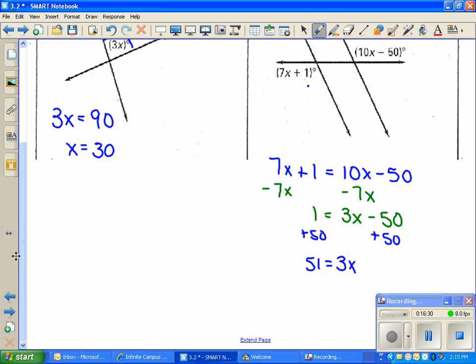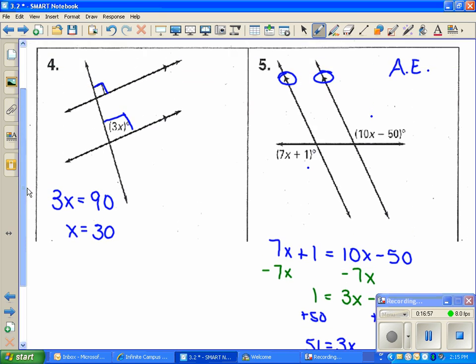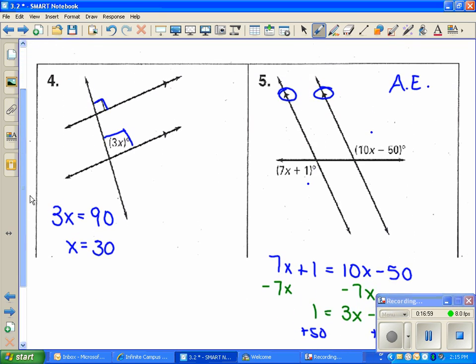All right, 3 goes into 5 1 time with a remainder of 2. 3 goes into 21 7 times. So 17 is x. Make sure that's all it asks for. So solve for x.